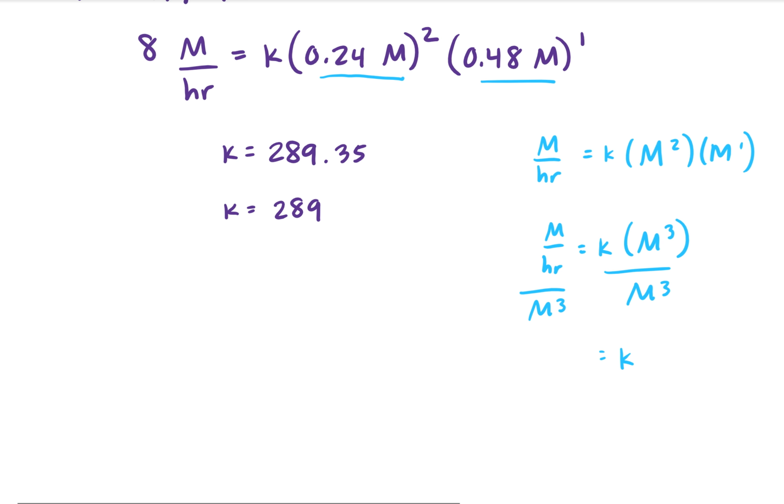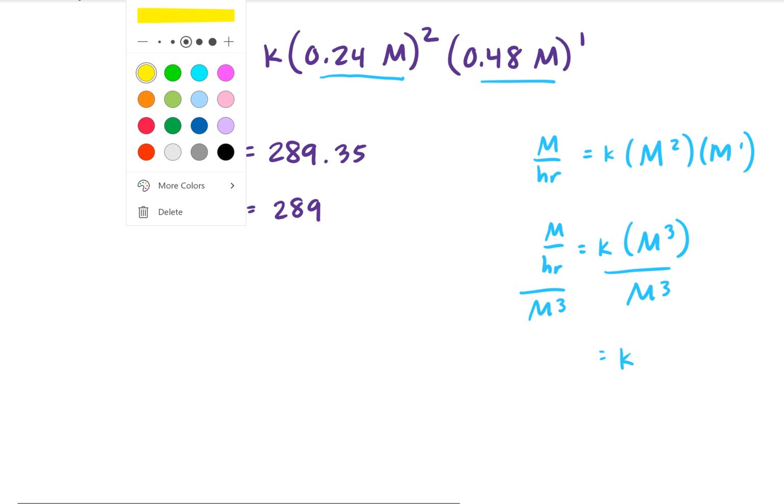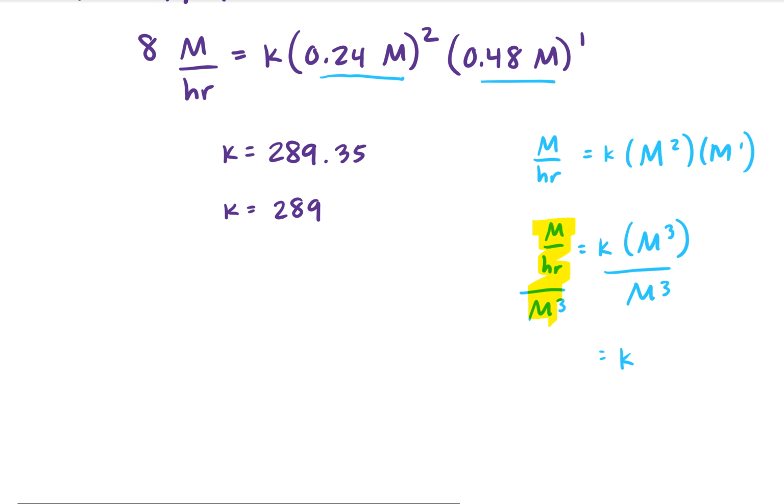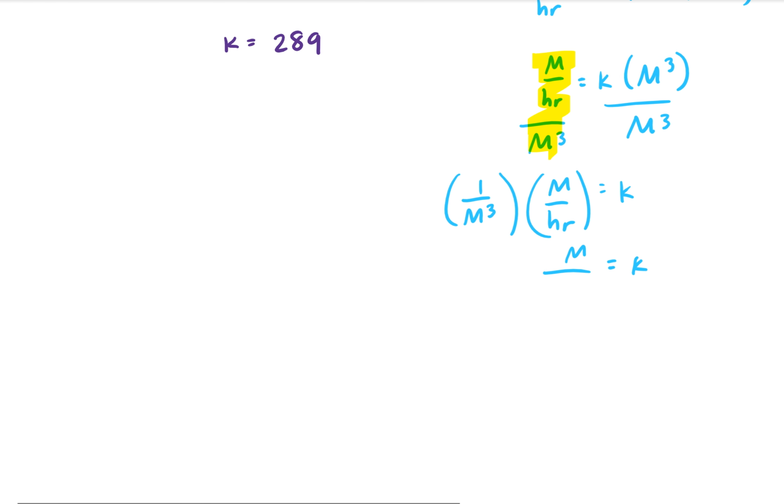So really this part here, we are going to rewrite as multiplication for fractions. So that's molarity over hours times 1 over molarity cubed. When I multiply these together, I have a molarity in the numerator, and then I end up with 3 molarities, or molarity cubed, in the denominator, times hours.